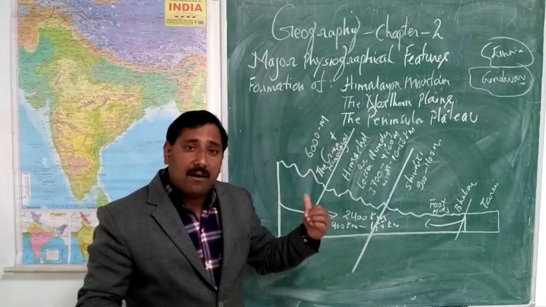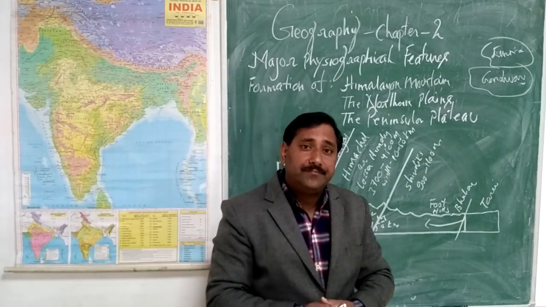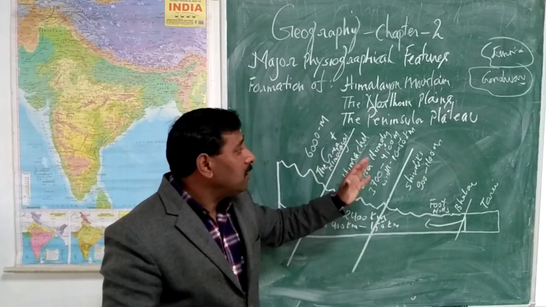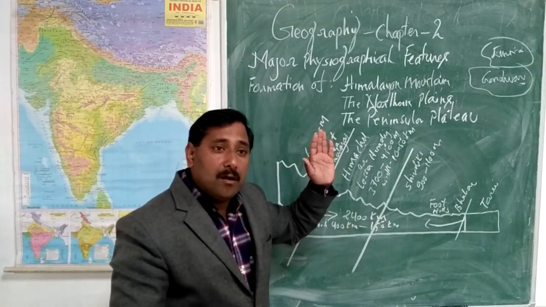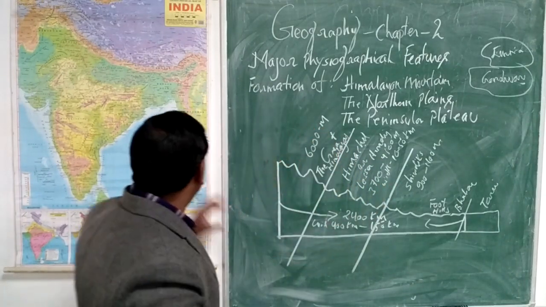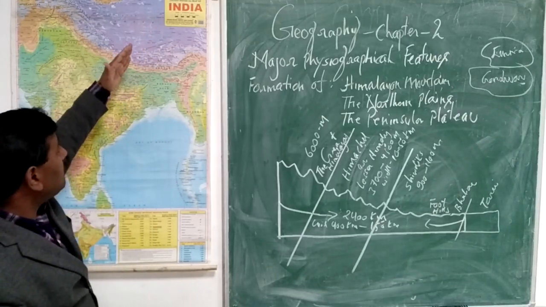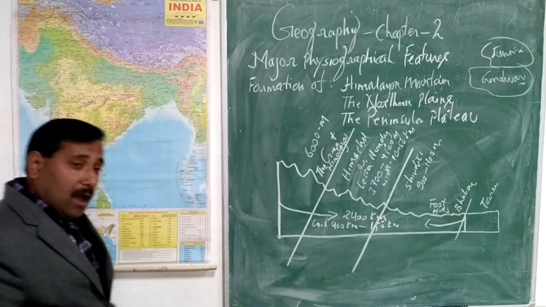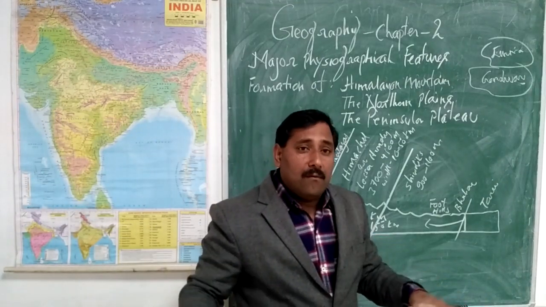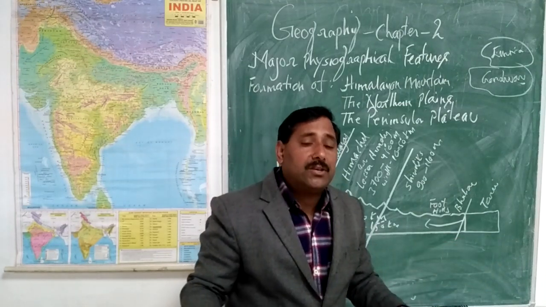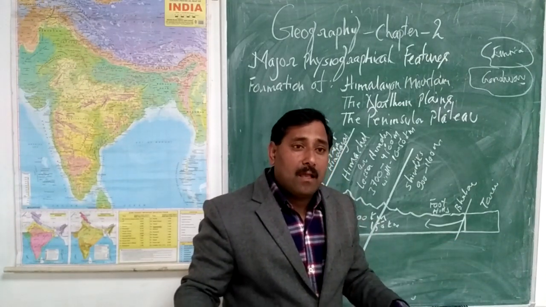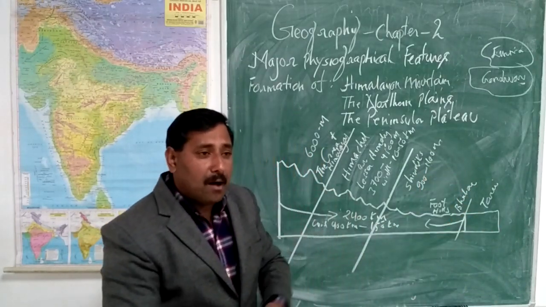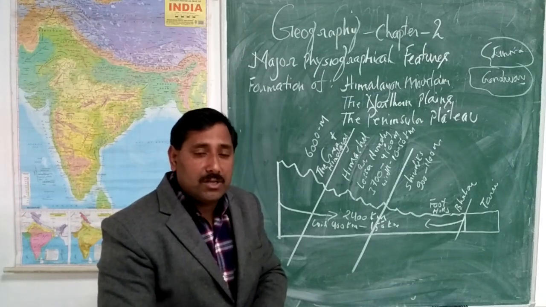As we discussed in the earlier chapter, these mountain systems evolved due to the movement of the plates, from the northern Eurasian plate and the plate moving from here, and the sea which was present over here, Tethys Sea. The land surface came up and developed in the form of the Himalayan mountain system.